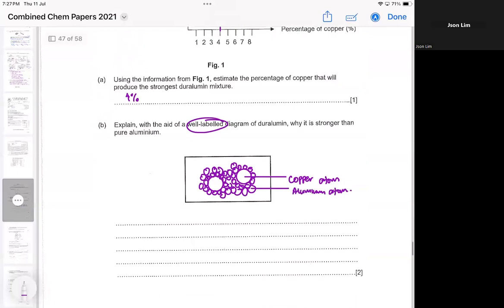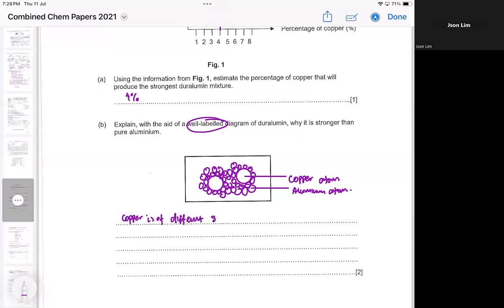So why is this stronger? The next part is the standard answer. It has a different size compared to aluminum. Normally I won't name the metals, but since it's already here, I'll just say that it's a different size from the aluminum. And then this will disrupt the orderly arrangement. This one is standard.